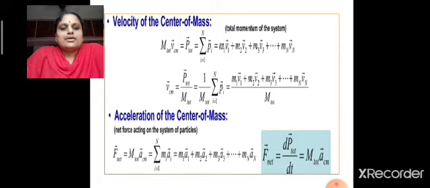Here, M into A_CM is replaced by F. That is, we have applied Newton's second law, F is equivalent to ma. This net force F is equivalent to dp by dt according to Newton's second law, which is equivalent to M into A_CM.